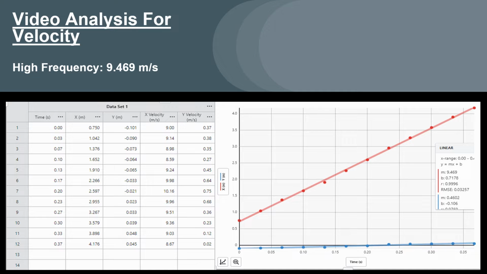When looking at the high frequency driving force for our time versus position, when we did our line of best fit, it was a velocity of 9.469 meters per second, which is not exactly the same as our low frequency, but is very close to it.